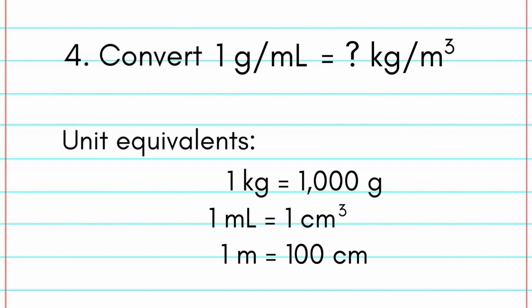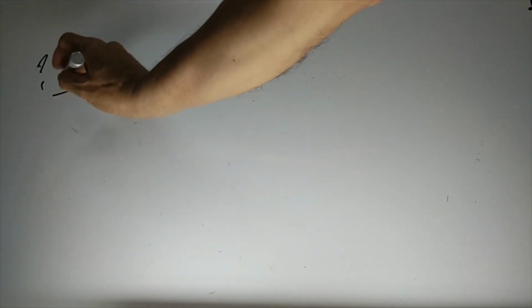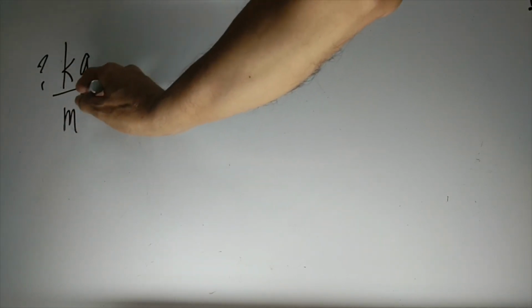The unit equivalents that will be used are 1 kilogram is equivalent to 1,000 grams, 1 milliliter is equivalent to 1 cubic centimeter, and 1 meter is equivalent to 100 centimeters. To solve the problem, start with the desired unit, which is kilogram per cubic meter.